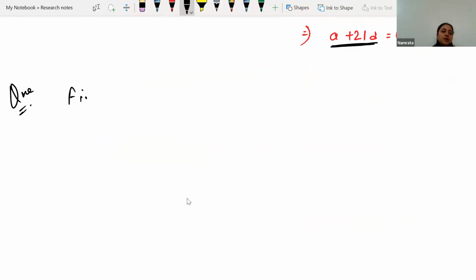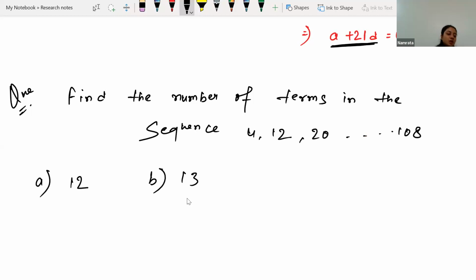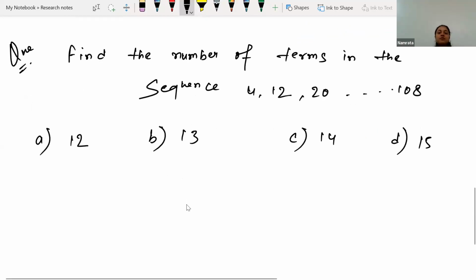So the next question is, find the number of terms in the sequence 4, 12, 20, up to 108. Option A is 12, option B is 13, option C is 14, and option D is 15. Can you tell me how we can proceed from here? Number of terms. We have to use the formula.